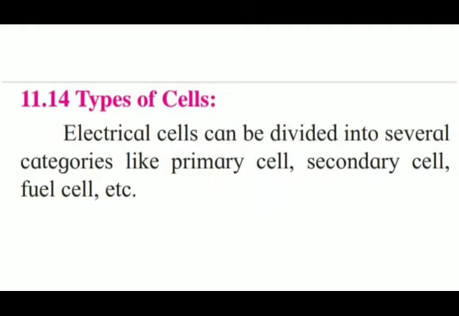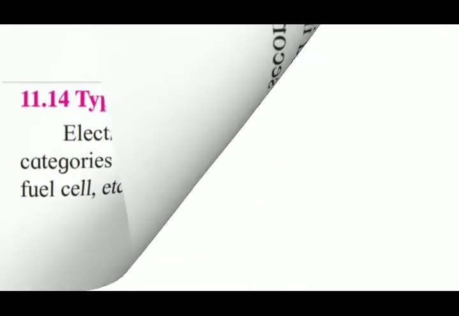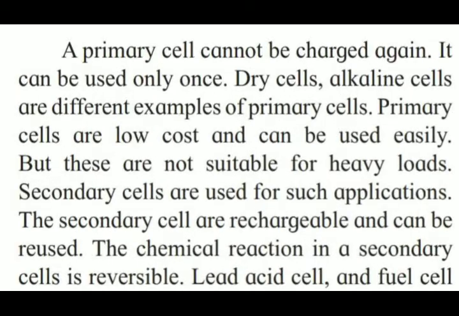Now after deriving the expressions for cells in parallel and cells in series combination, let's see some types of cells. Electrical cells can be divided into several categories like primary cell, secondary cell, fuel cell, and so on. A primary cell cannot be charged again. It can be used only once.